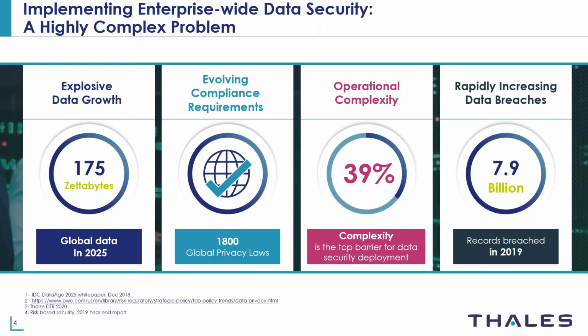There's also a lot of compliancy all around the world. There are more than 1,800 different privacy laws worldwide. And of course, there are also a lot of data breaches going on nowadays. I think basically every day there will be a data breach somewhere in the world.